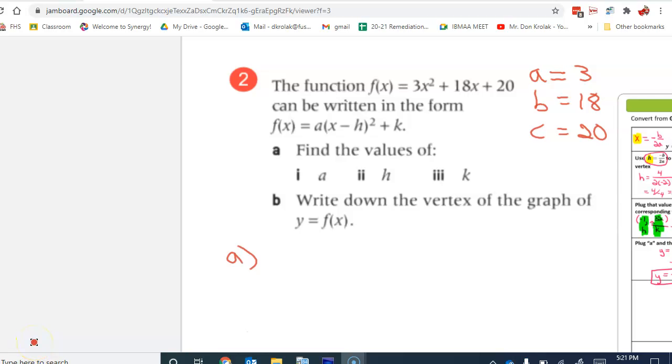So for part 1, it says find the value of a. Well, we already know a from this equation, so that part's easy. So a is going to equal 3.